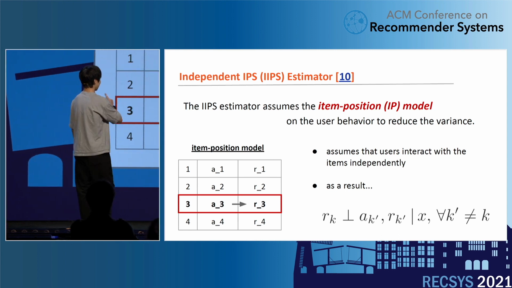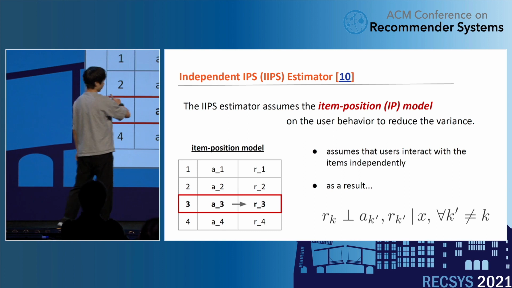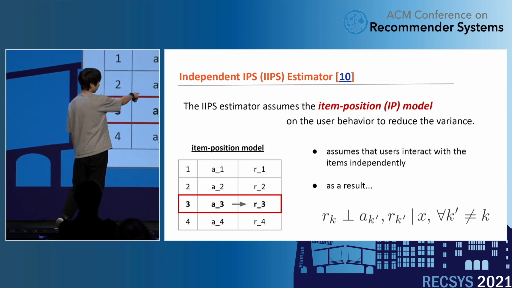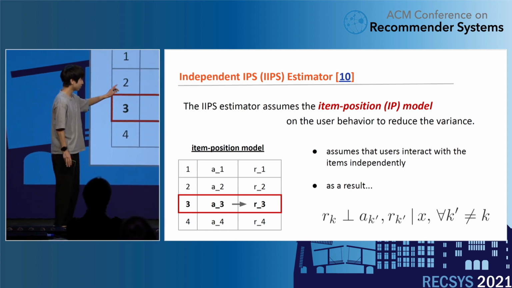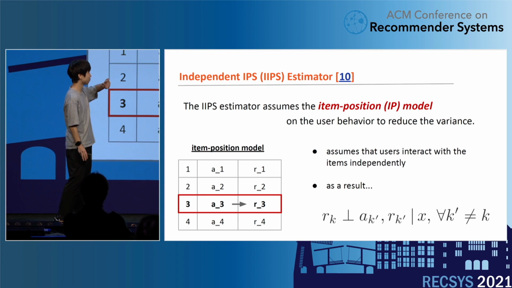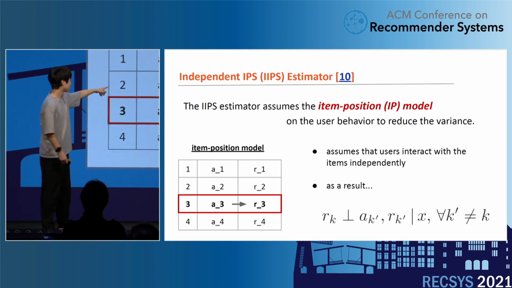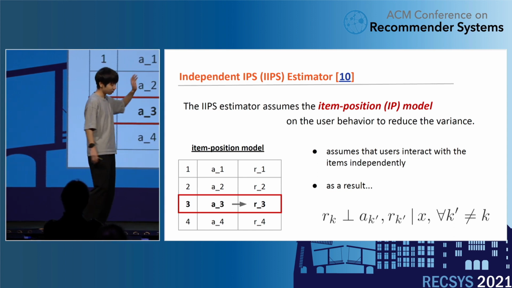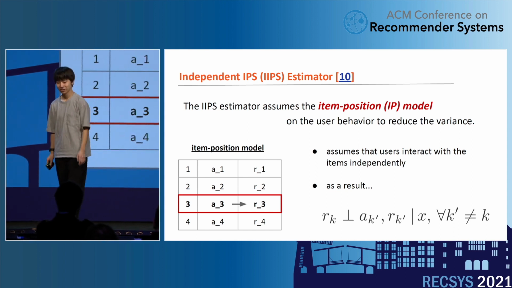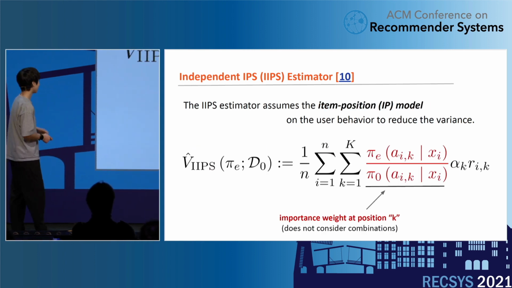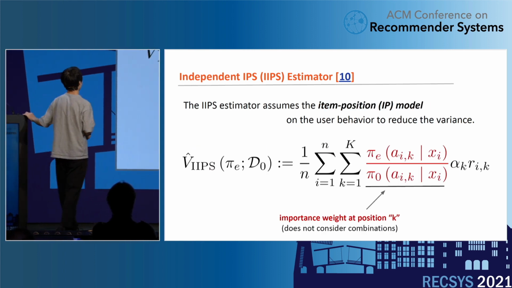So this means that when we look at the k-th reward observation, we can say that this is totally independent of the action and the reward of the other positions. So this is based on the assumption of the item position model. So we can use this assumption to make a better estimator, right? That's the idea here. And this is the resulting estimator, which is the IIPS estimator.